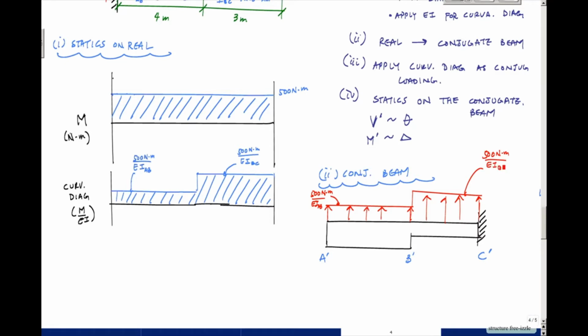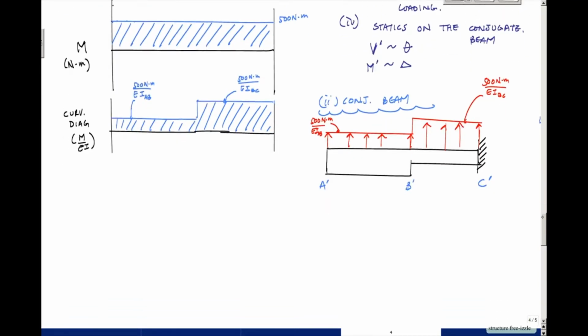With my loading here, I want to calculate my shear and my moment at C prime. Now this isn't necessarily the reaction. What you want to do is treat this like a cut just before the end, just before you reach C prime.